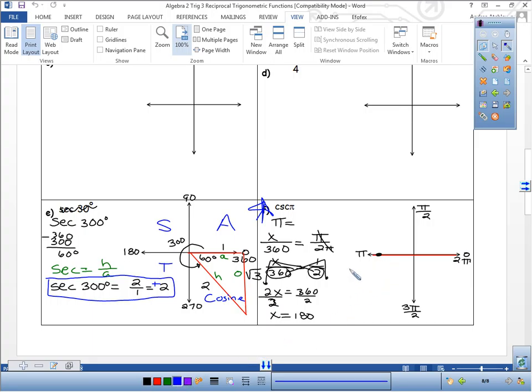Here's the issue. If the angle is on the x or y axis, then use the ordered pair.